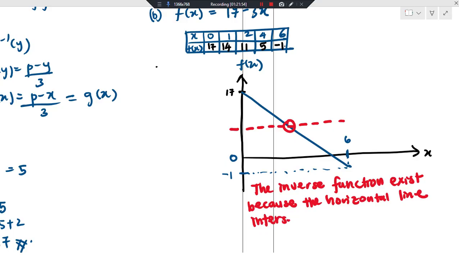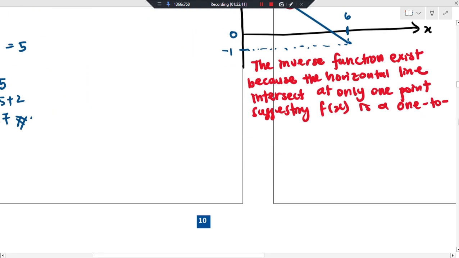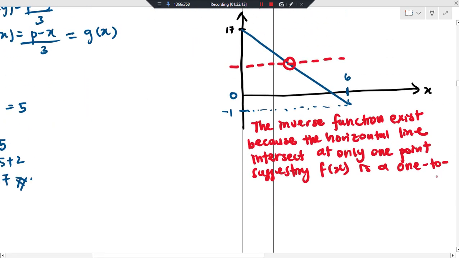You say intersect at one point only is already enough. I give extra information. Okay, f(x) is a one-to-one function which is invertible, which can be inverted. Okay, the inverse function exists because the horizontal line intersects at only one point, suggesting f(x) is a one-to-one function which can be inverted. Fungsi songsang wujud kerana, you want to write in English also?